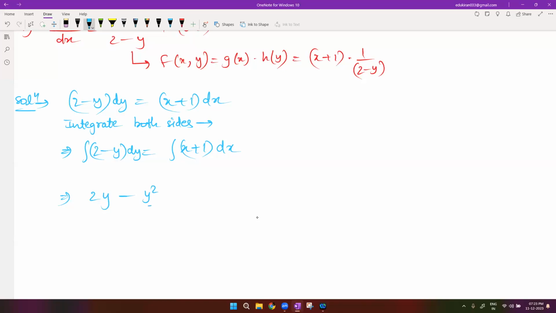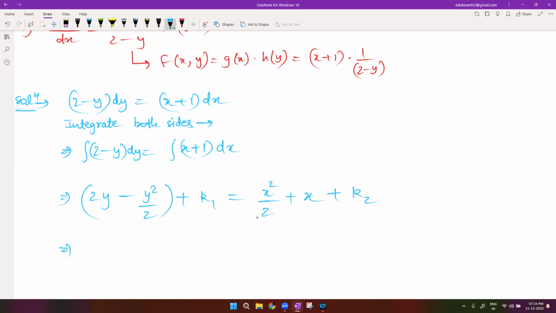y square by 2 is equal to, प्लस एक कांस्टेंट भी आएगा। ओके, बिकॉज दिस इज द फर्स्ट क्वेश्चन आई एम गोइंग टू सॉल्व इट, constant of integration k1 is equal to, now let's integrate x plus 1 with respect to dx. So integration of x is x square by 2, plus integration of 1 is x, plus k2, another constant of integration. This k1 can be taken with k2, so this will be written as k2 minus k1, which will be another constant.